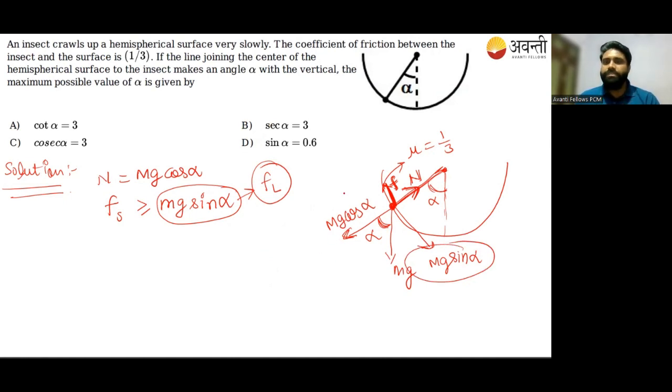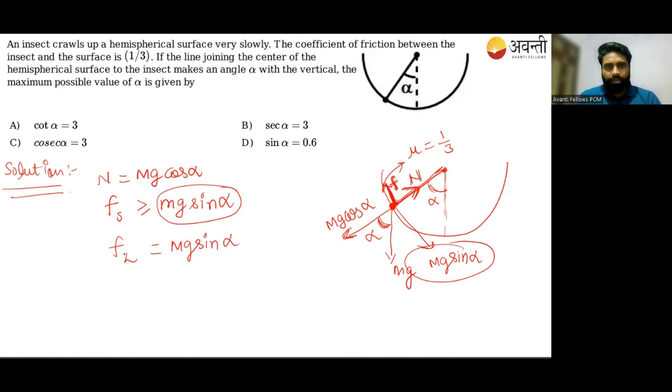There is no sufficient friction to support this. So the maximum value the friction can have is the limiting one, which is exactly equal to mg sin alpha at this point.